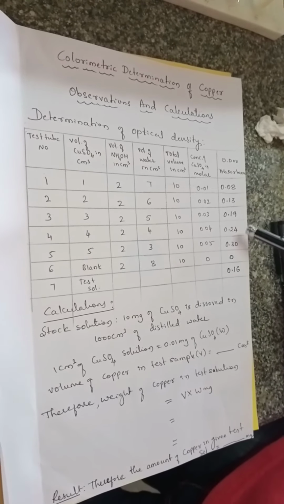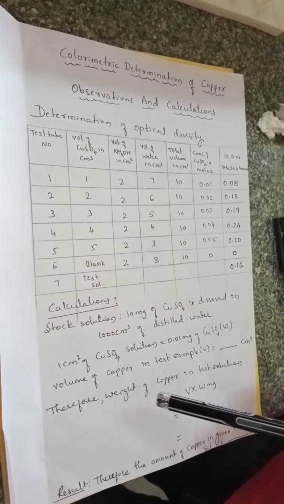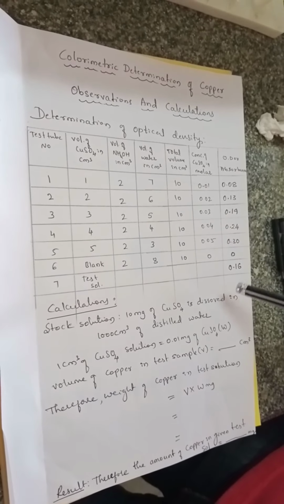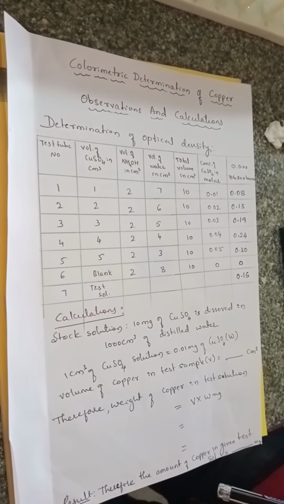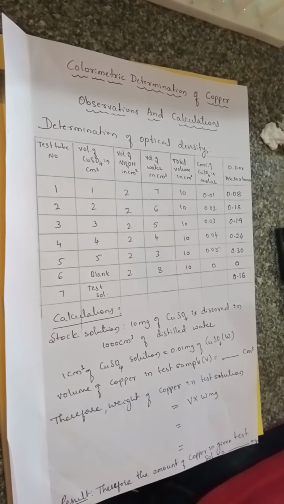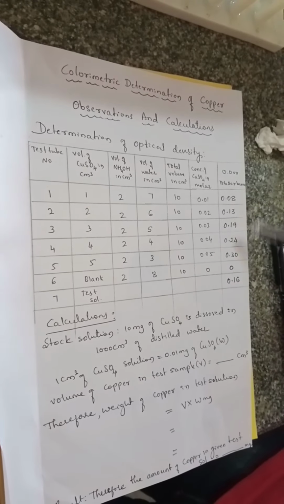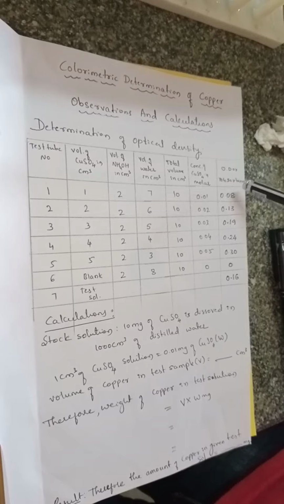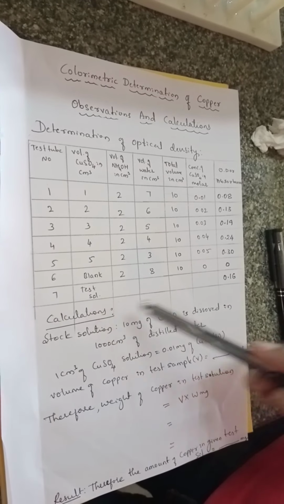Plotting a graph of absorbance against the concentration of the copper sulfate or against the volume of copper sulfate solution. Okay, so in today's experiment we are plotting the graph of absorbance against volume of copper sulfate, absorbance over the y-axis and copper sulfate over the x-axis.